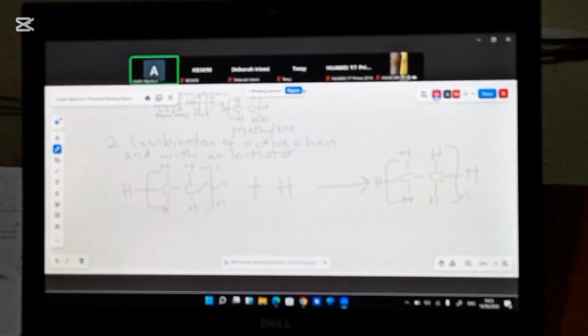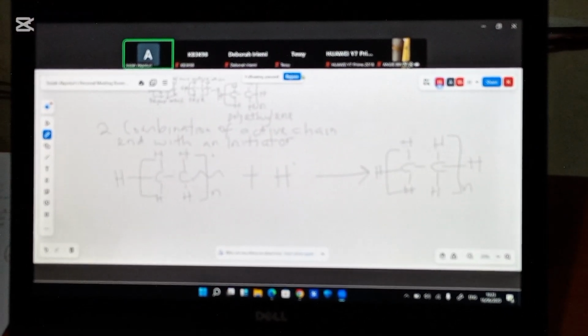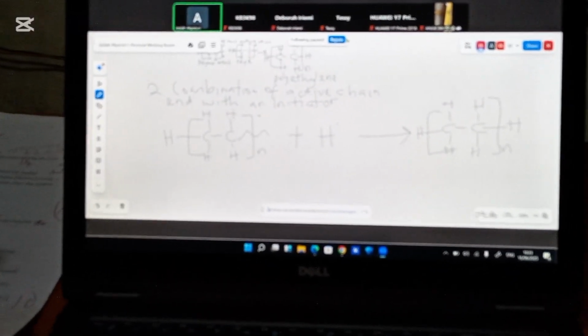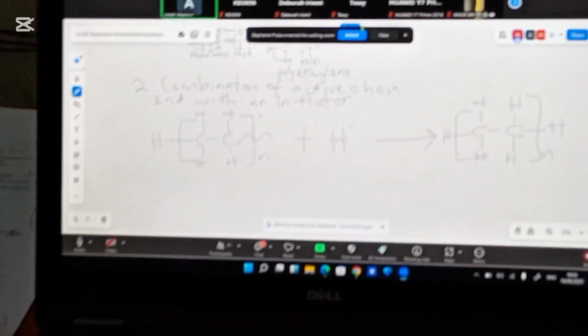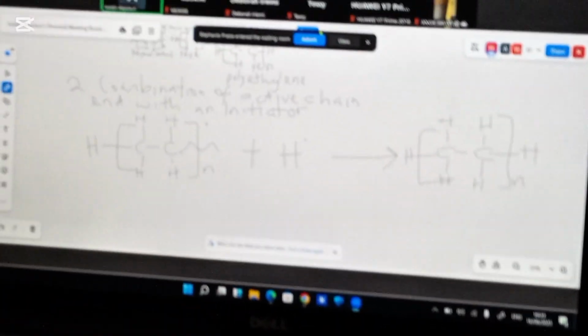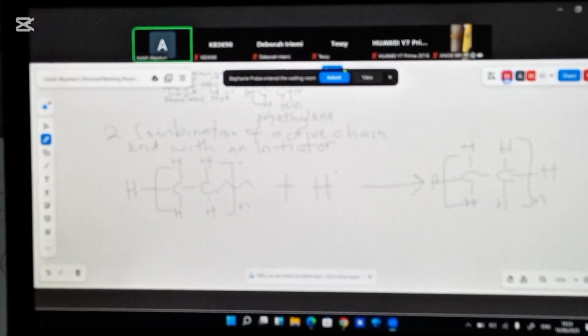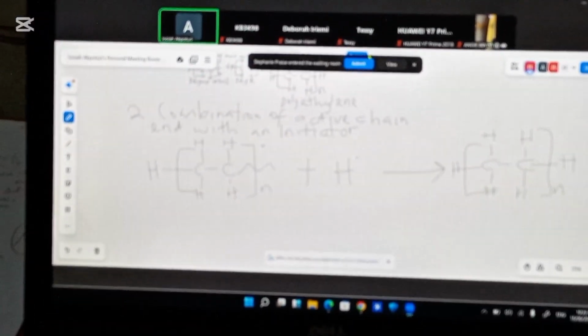I'll take that for the last time. The radical chain can combine with another radical to form a polymer without radical character. So that initiator is the one that ends the radical. Like I explained before, when two radicals react together, the radical character will stop.